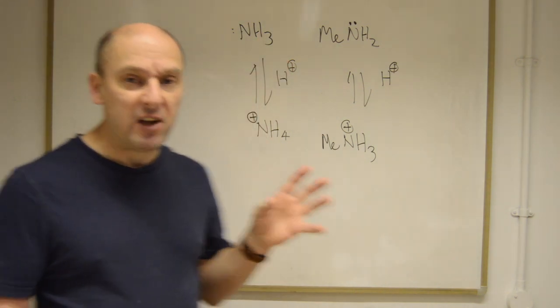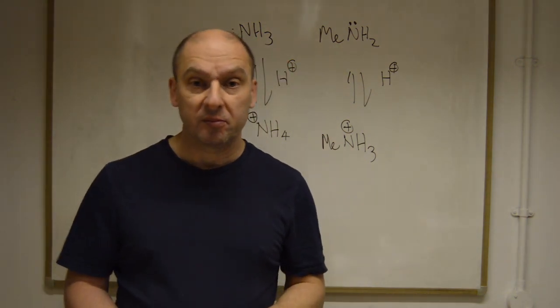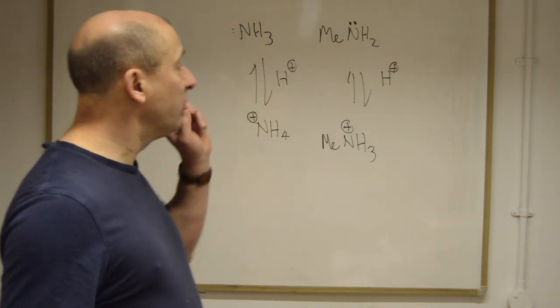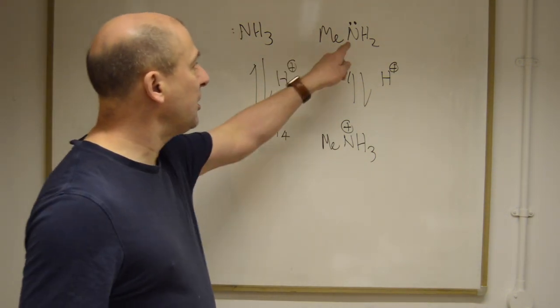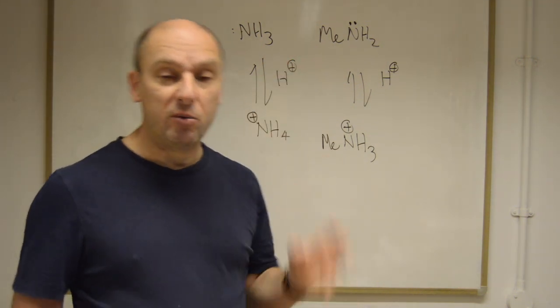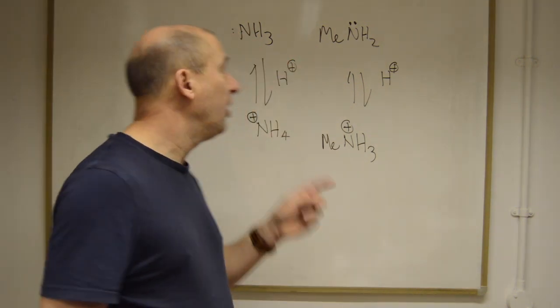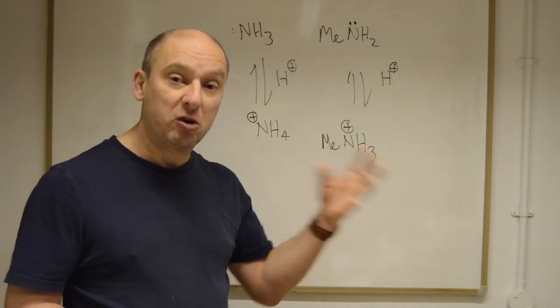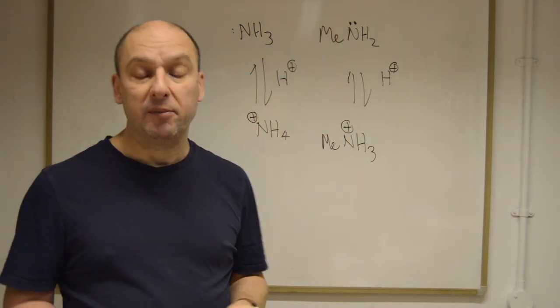So here's the conventional explanation. The reason, now this is wrong, okay? The reason why the methylamine is more basic is because the methyl group donates electron density to the nitrogen that it can then pass on via its lone pair. We increase the electron density at the lone pair.